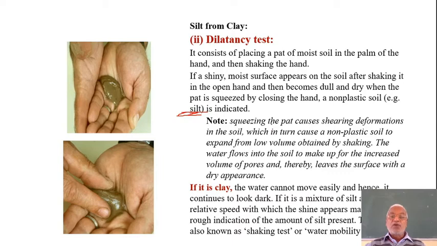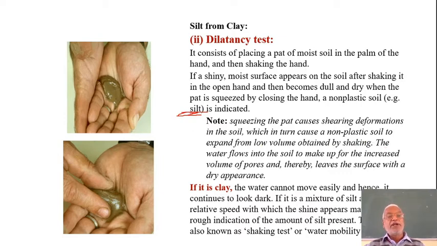So note, on the second photograph they have shown the squeezing of the pat causes shearing deformation in the soil, which in turn causes a non-plastic soil to expand from the low volume obtained by shaking.